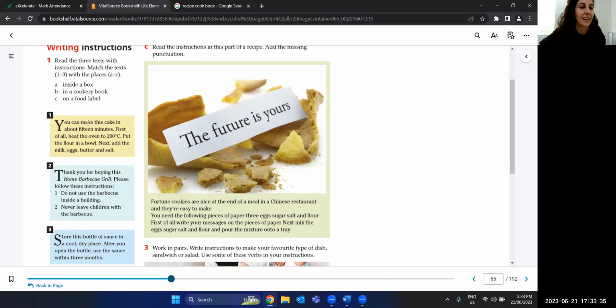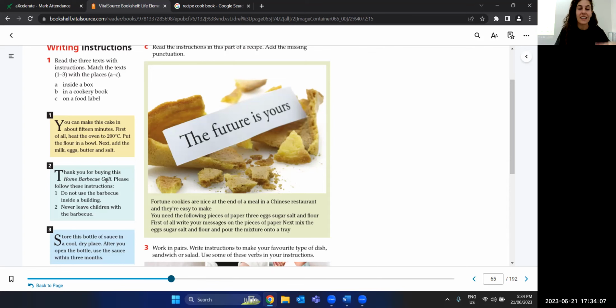Number 2, thank you for buying this home barbecue grill. Please follow these instructions. Number 1, do not use the barbecue inside a building. Number 2, never leave children with the barbecue. So is this inside a box or on a food label? On a food label, it says, thank you for buying this home barbecue grill.